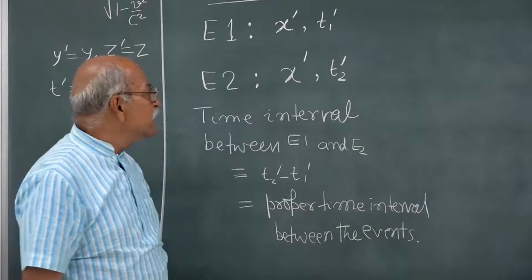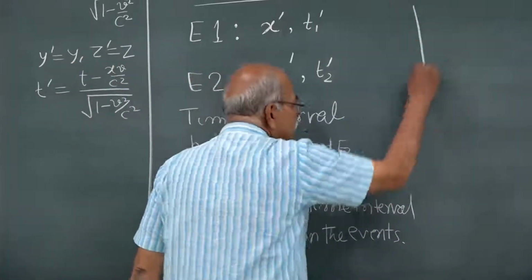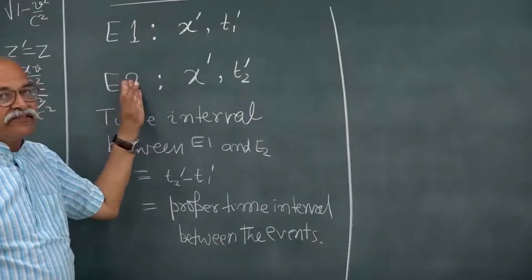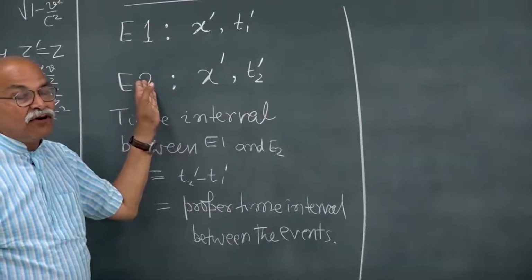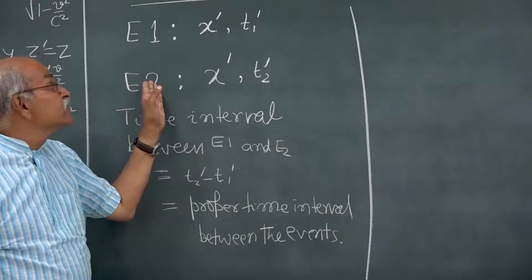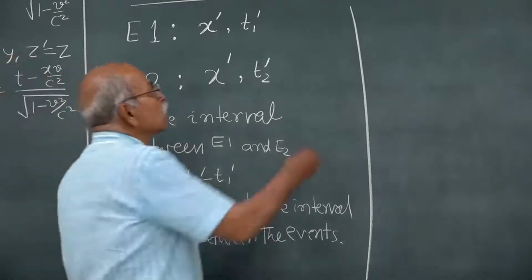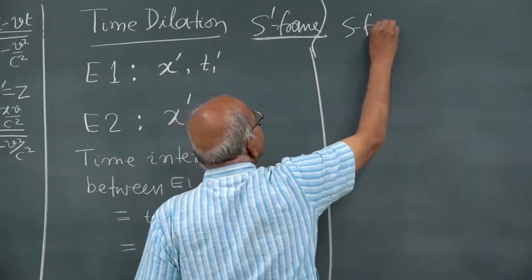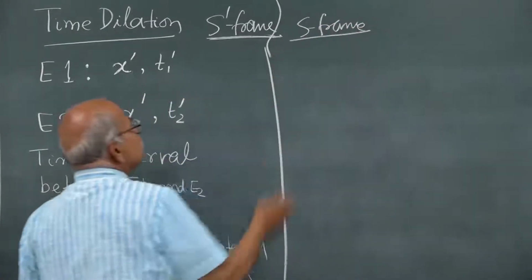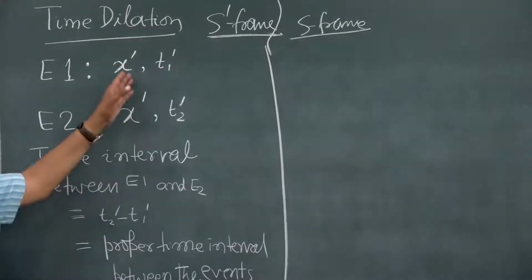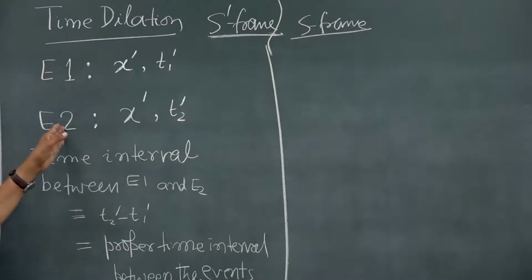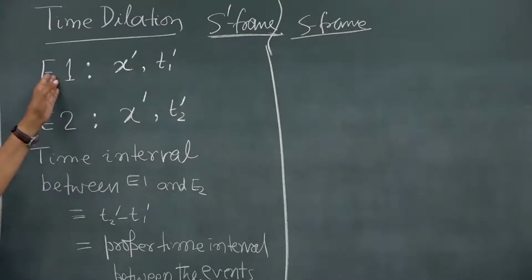Now, let us calculate the time interval between the same two events as seen from the frame S. So, now we are writing from S frame, the time of this E1, the time of this E2, and look at the interval.